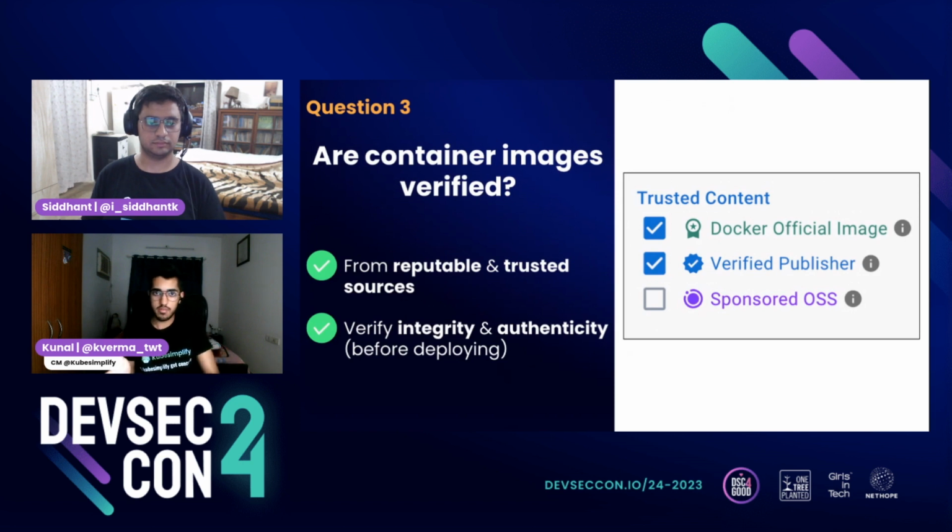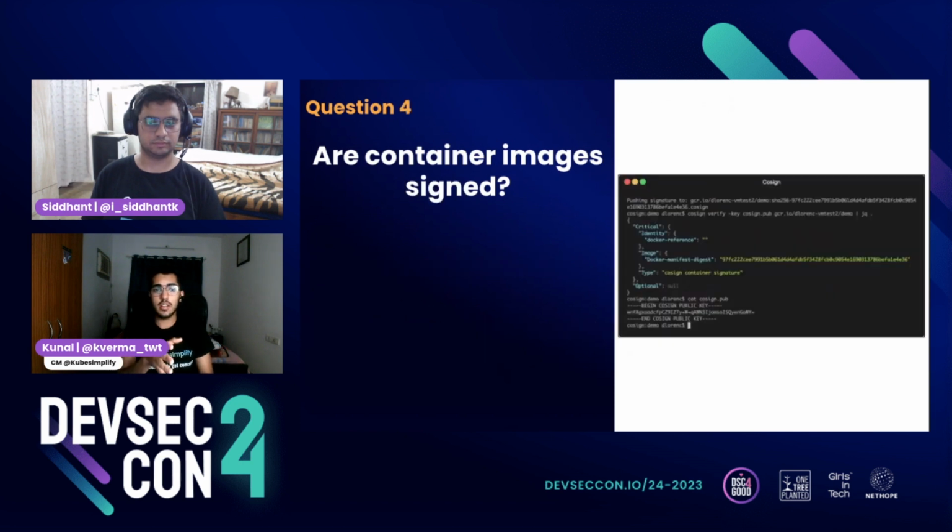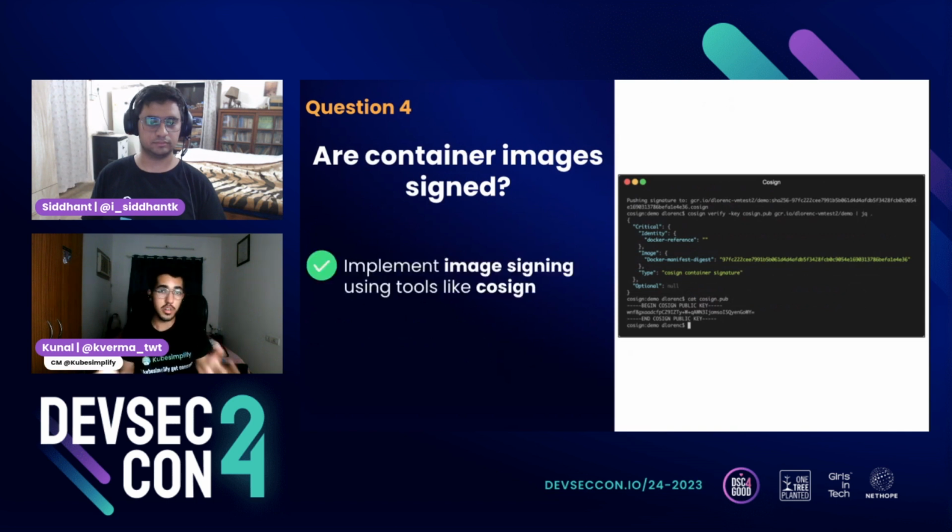Now, when it comes to verifying your integrity and authenticity, how can we do that, right? This is something called: are the container images signed? This is how you can verify the integrity and authenticity of a container image, by attaching a digital signature to it using the concept of image signing. And this can be done by using a tool like Cosign, which is a very famous tool by Sigstore, and it's completely open source, by the way.